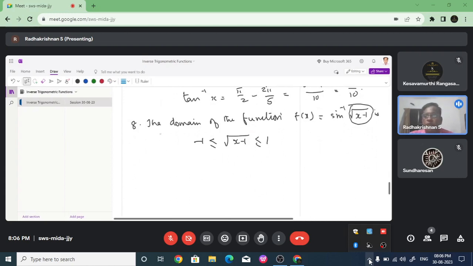So again, you simply square it now. That will become, since root of x minus 1 is in this range, that means x minus 1 is less than or equal to 1.